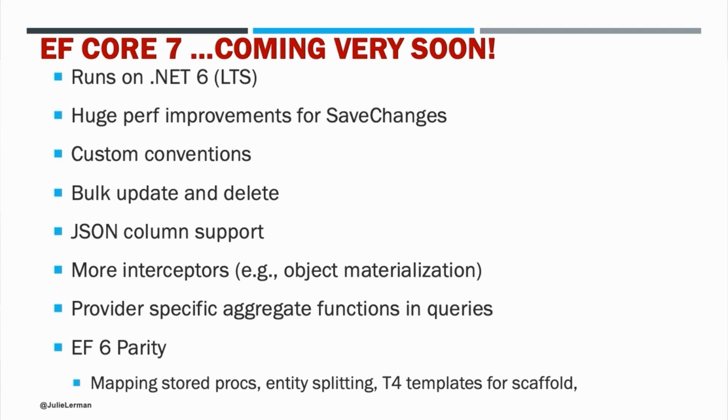More interceptors, for those of you who've been around since the beginning of EF, we've got one for object materialization. Aggregate functions for different providers, so we can take advantage of different databases' abilities when we're doing queries. And more EF6 parity, we can map stored procedures. We're going to have some T4 templates so you can do your custom scaffolding. And we've got entity splitting, and that's everything.